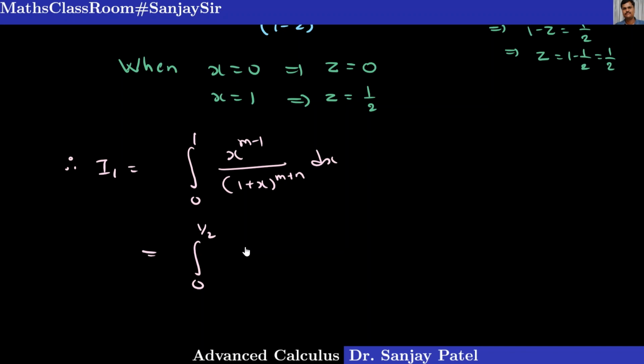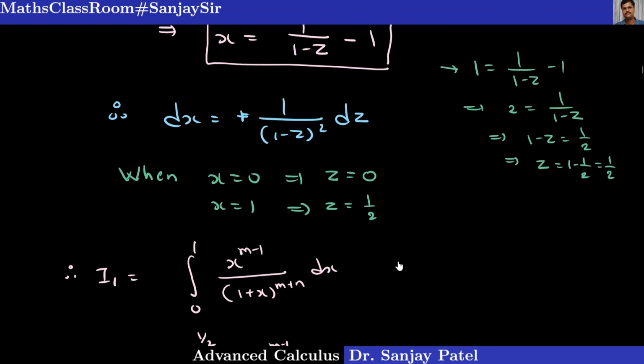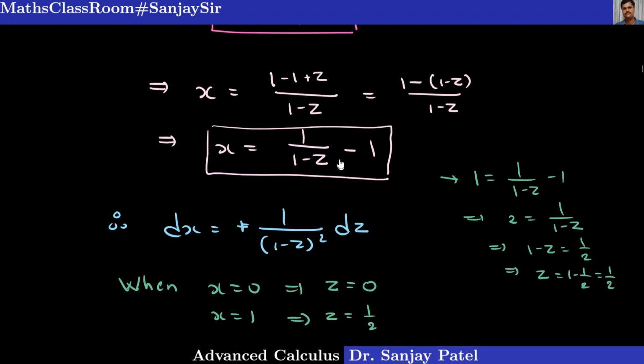X is our substitution, z upon 1 minus z, and this is raised to m minus 1. Now what is 1 plus x? That you can get from this.